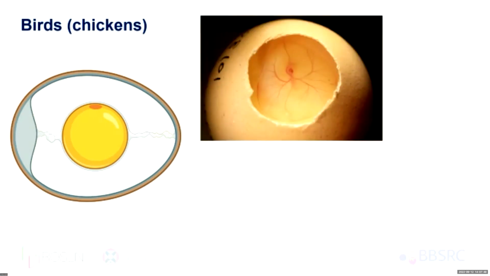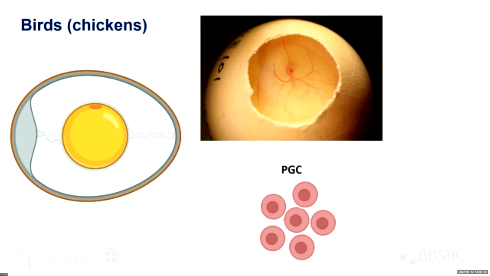But in chickens, this is an embryo about 3 days. And at this point, the primordial germ cells, which were resident in the germinal crescent up here, have migrated into the bloodstream, and they're heading towards the primitive gonad to populate it. And what you can do in chickens is take a small amount of blood out of the bloodstream at this stage, and you can culture out the primordial germ cells.